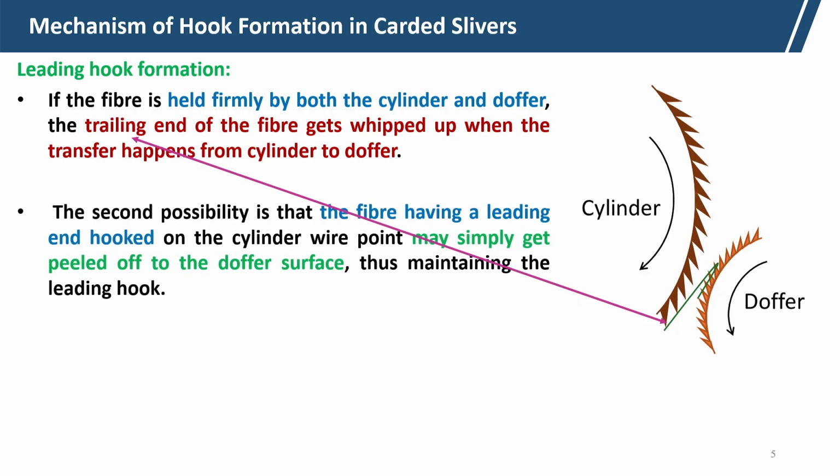The second possibility is that the fiber has a leading end hook on the cylinder. So, a fiber having a leading end hook will directly get peeled off by the doffer. It will simply be transferred to the doffer surface and maintain the leading hook.